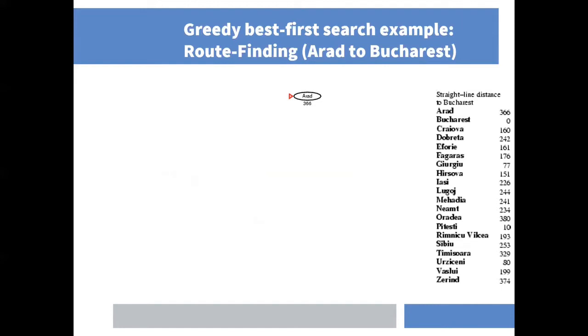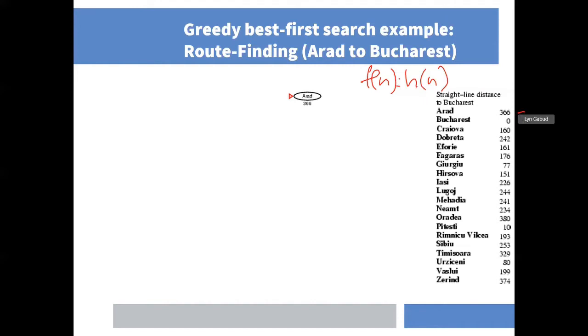So using this straight line distance to Bucharest as our h of n, let's try to look for the solution following the greedy best first search. Our initial state is Arad, and you will notice that f of n, the evaluation function, is just equal to h of n, so it's 366.